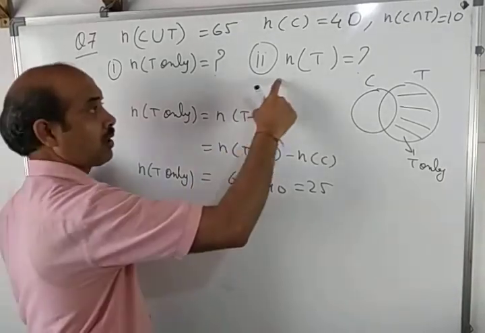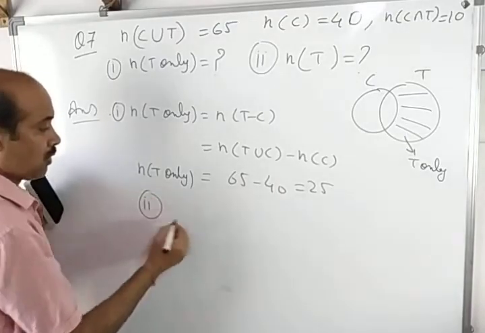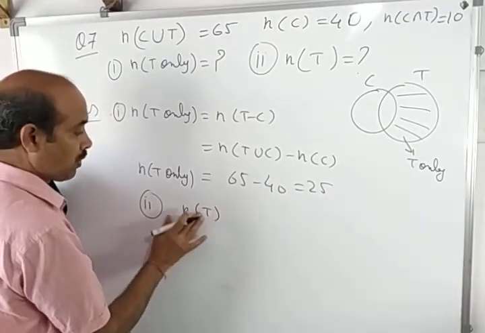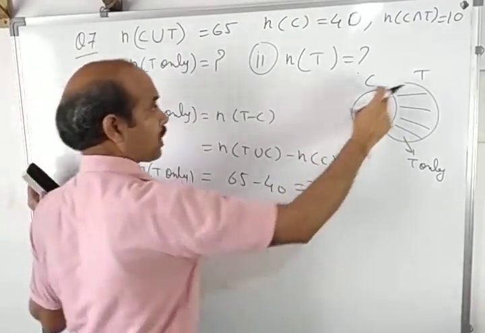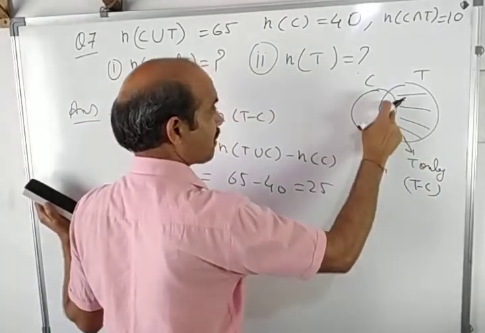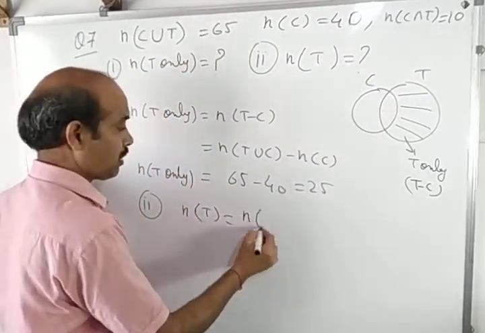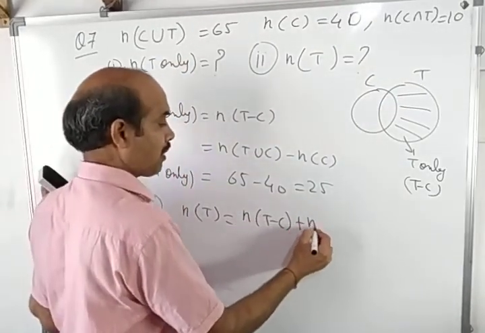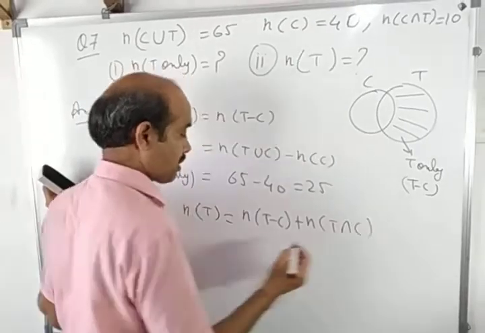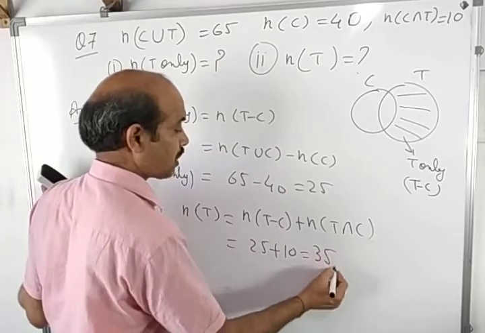Now find out NT. See the figure, the total will be T only, or T minus C, plus the intersection, that is 10. So this is N(T minus C) plus N(T intersection C), which is 25 plus 10 equal to 35.